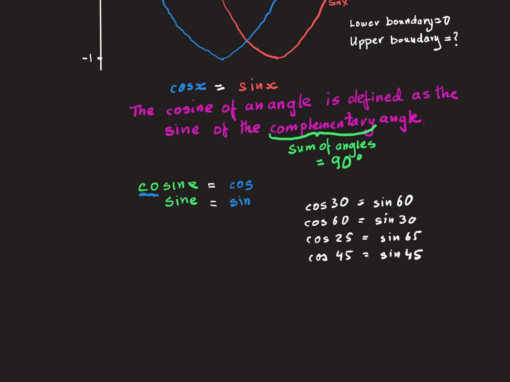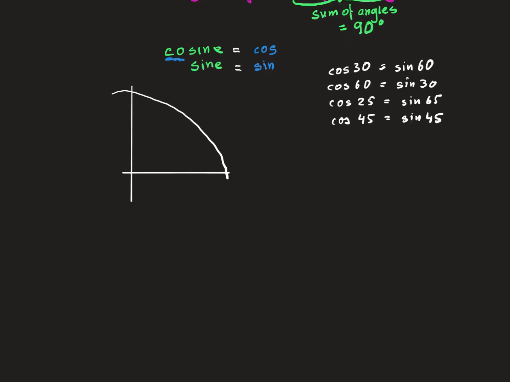So now I want to talk about the radians. So imagine the unit circle where this is going to be pi on 2 and this is 0. If I was to draw another angle here, which would be pi on 4, you can see that pi on 4 cos and pi on 4 sine are going to be the same.